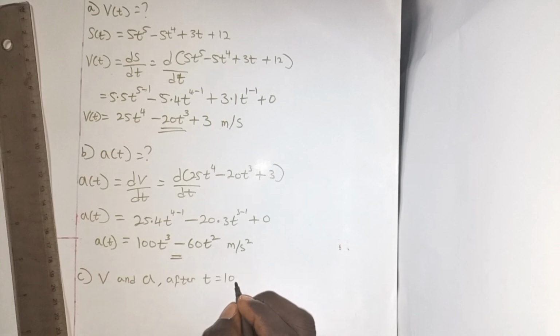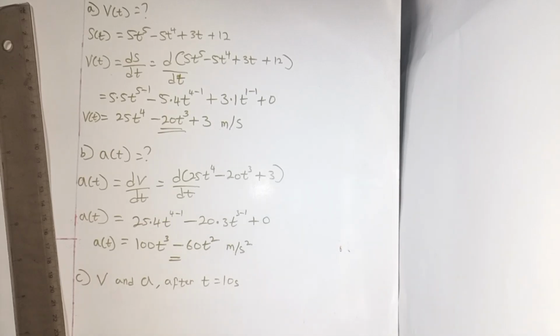So all we just need to do is go back to our A question and our B question, then plug in the value of t. That will give us our final answer.